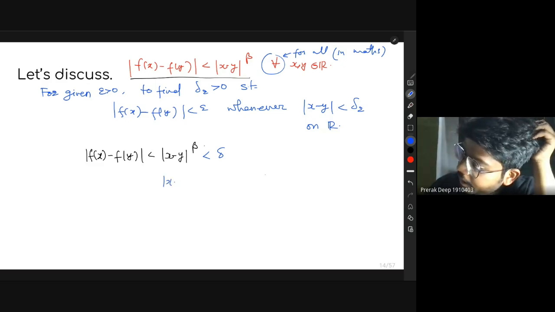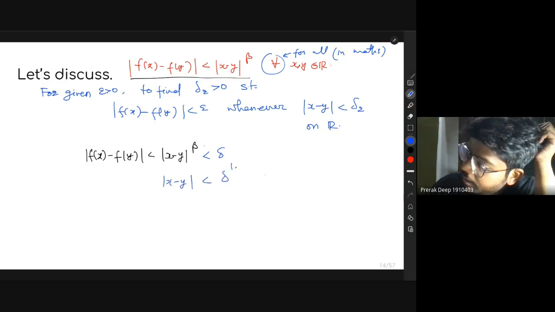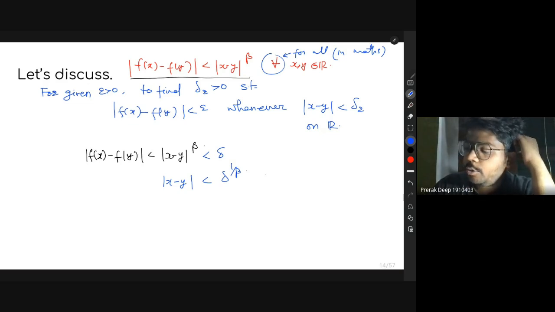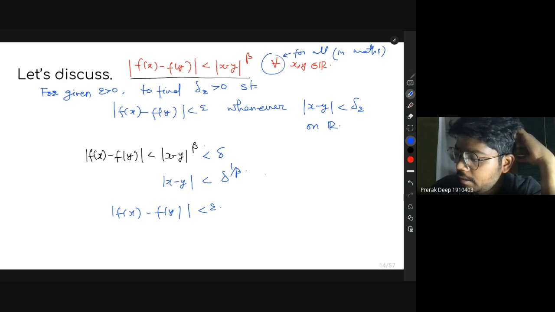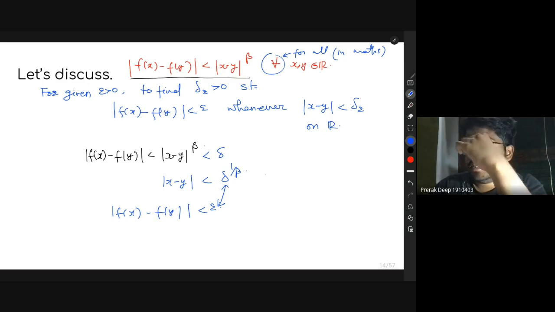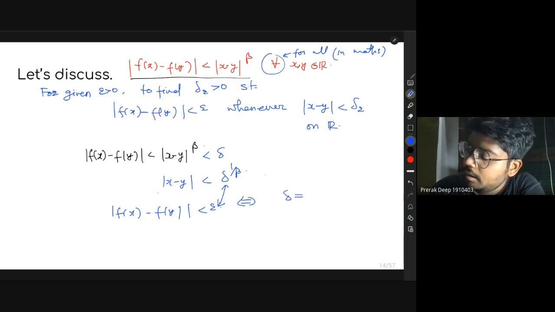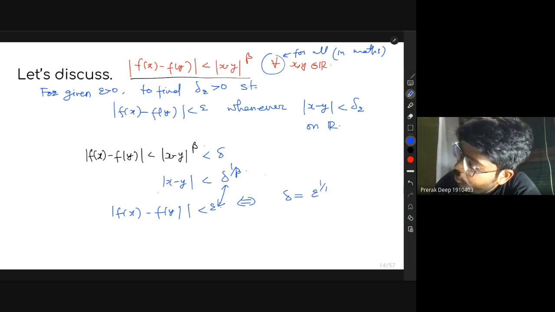Okay, so then this modulus will be smaller than delta to the power 1 over beta. Now you want your f x minus f of y to be smaller than epsilon, so it is better to take this thing as your epsilon. So when this is smaller than epsilon, this whole thing will be smaller. So what I'm saying, you take your delta to be epsilon to the power 1 over beta.